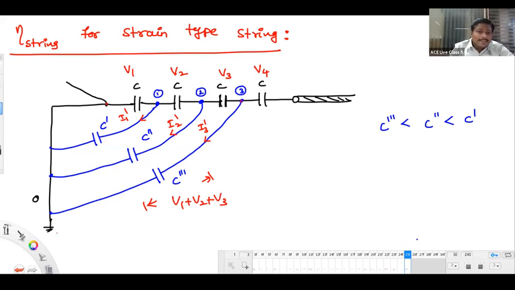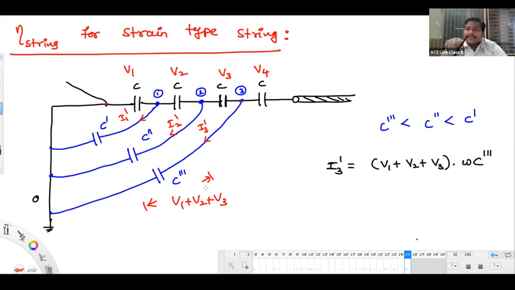Okay. Now, what is the I3 dash current here? You can write I3 dash equals V1 plus V2 plus V3 into omega C triple dash.